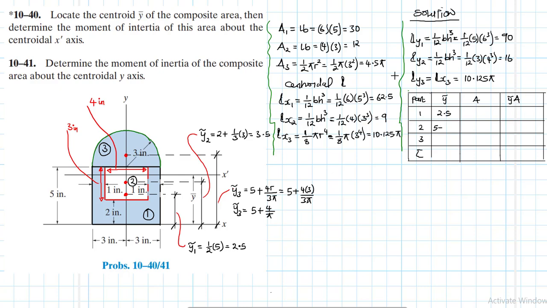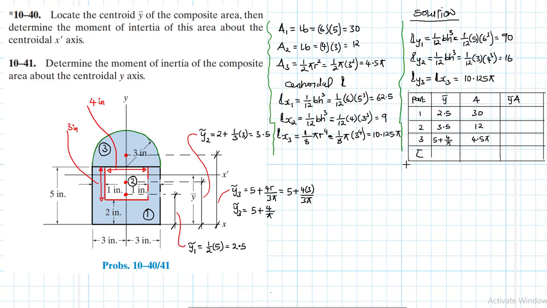Second one is 3.5, right? Third one is the one that is 5 plus 4 divided by pi. Okay, then the area we found, area 1 is 13, the second one is 12, the third one is 4.5 pi.